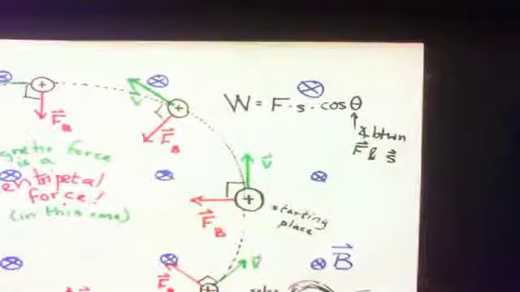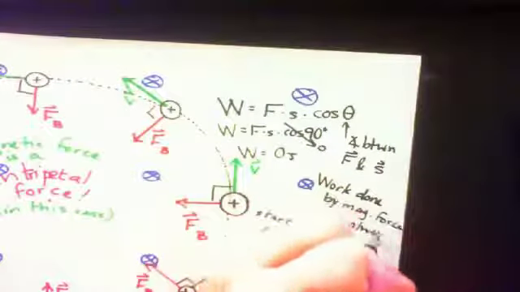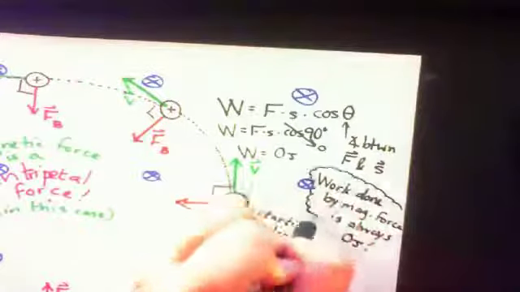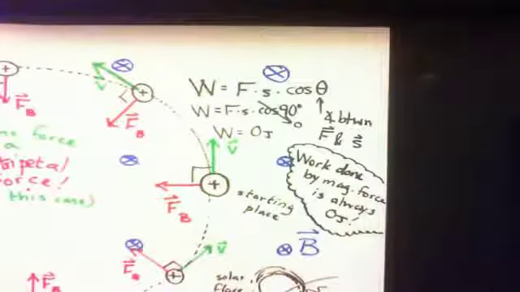That theta right there in that equation is the angle between the force and the displacement. Now, I just said, in this example, the angle between the force and the displacement at every location is 90 degrees. Okay, well, what's the sine of 90 degrees? 0. So, at every location, the work being done by the magnetic force is 0.